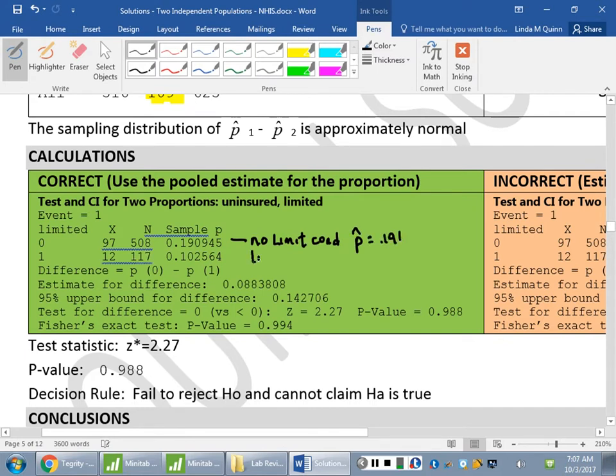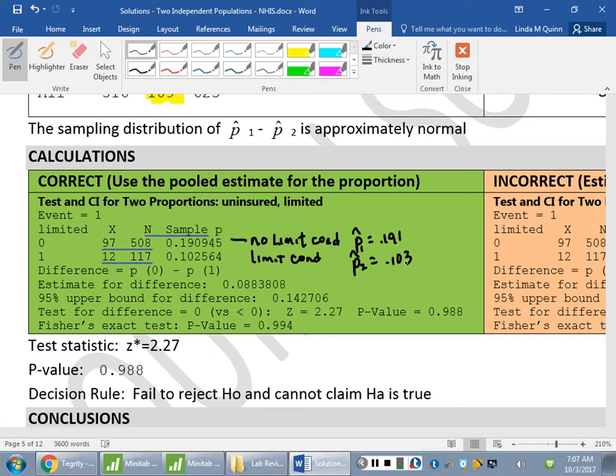And with a limiting condition, our p hat 2 is 0.103. So we were trying to prove that without a limiting condition, you were less likely to be uninsured. And it actually turns out the other way. People that have a limited health condition are less likely to be uninsured.